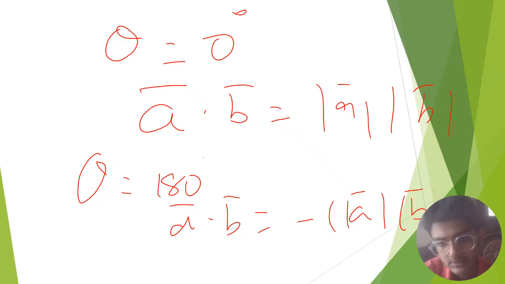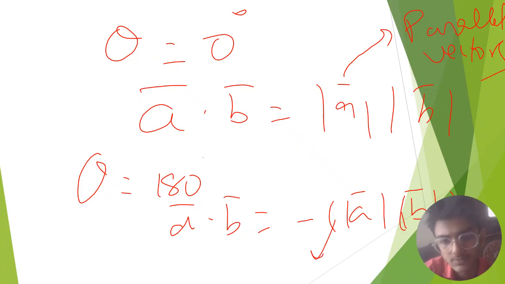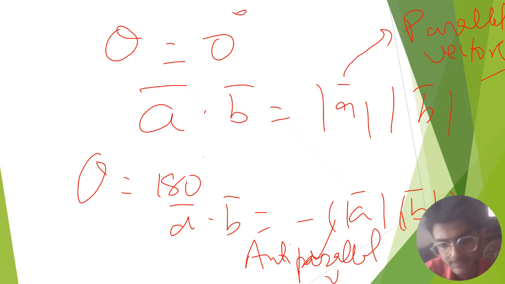This is the case of parallel vectors, and this is the case of anti-parallel vectors, where theta is 180 degree. Okay, so these are cases which I think you already know in physics, but still we can discuss them here. So this was today's lecture portion, that is basics and dot product of vectors.